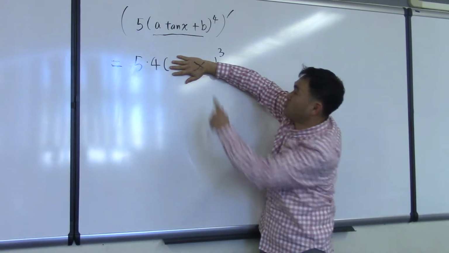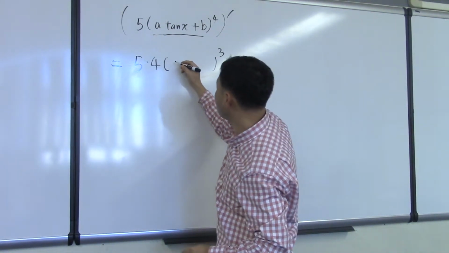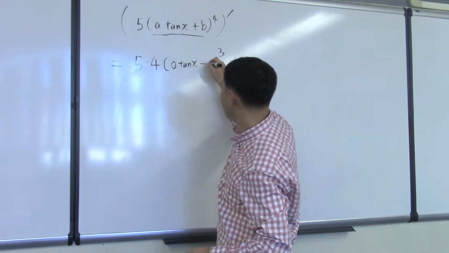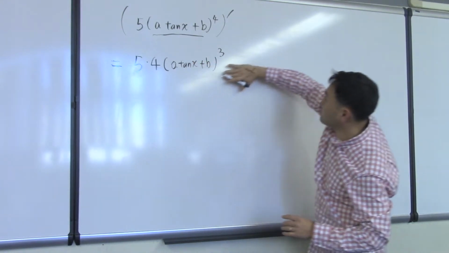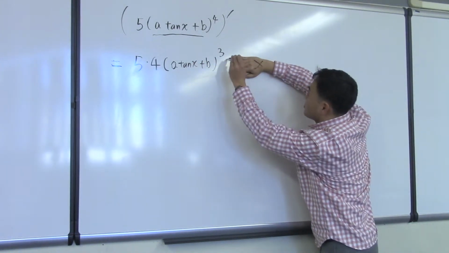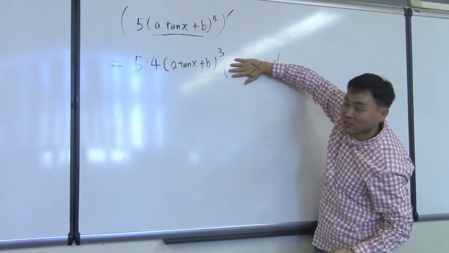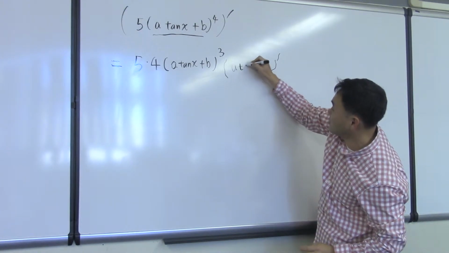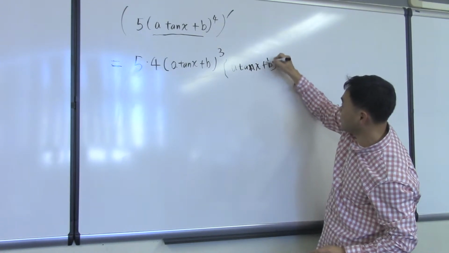Well, what is this x really? The one that I'm covering is this entire thing. So that one, a tangent x plus b, is what I'm covering. And that thing has to be pulled out and differentiated. What is this again? That thing I covered is a tangent x plus b.